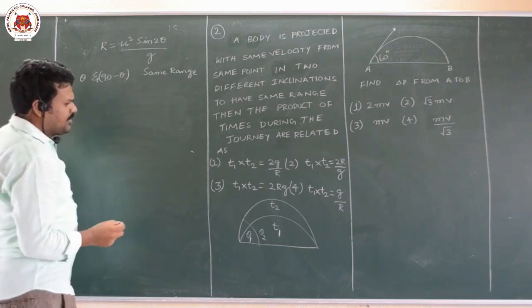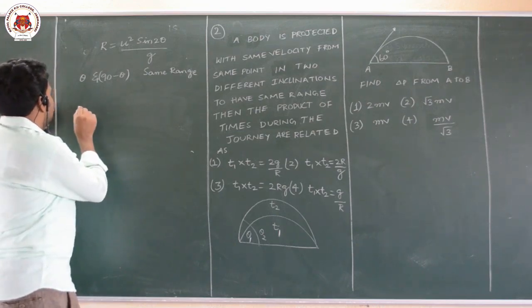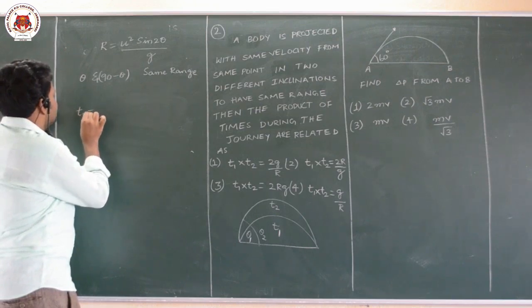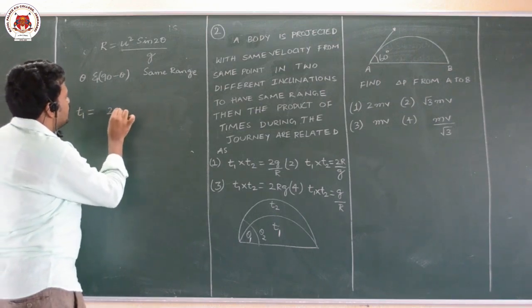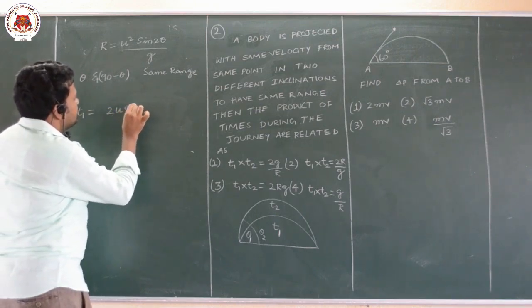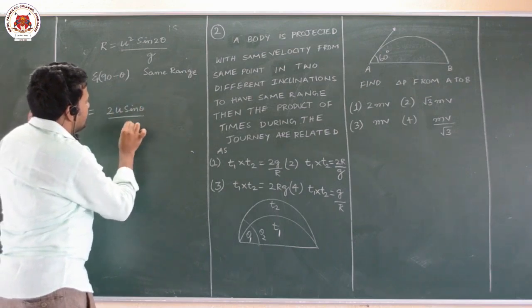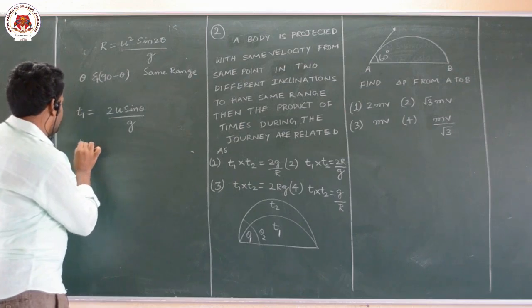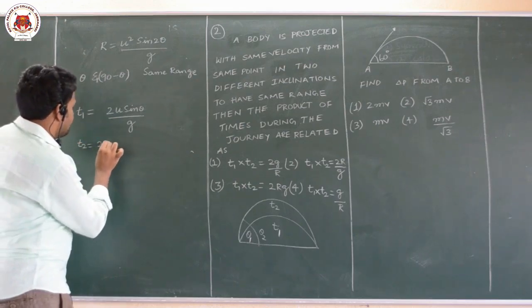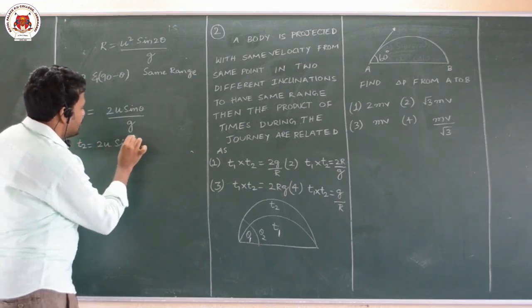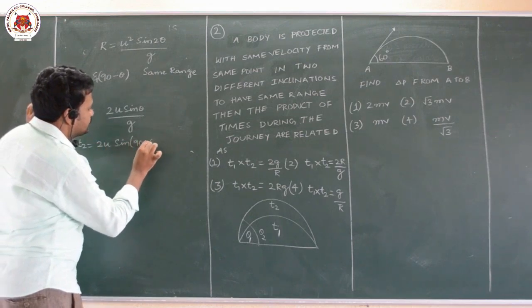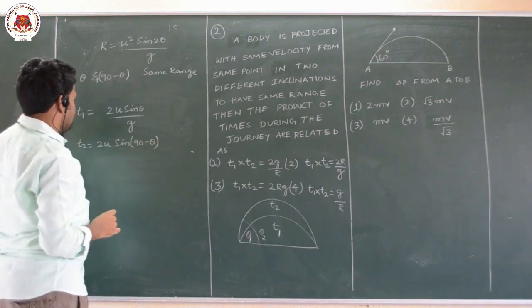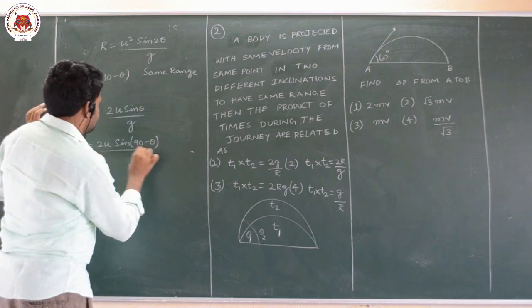Now, based on that, you can solve the condition. So, time taken for the first journey will be 2u sin theta by g. Time taken for the second journey will be 2u sin of 90 minus theta by g.